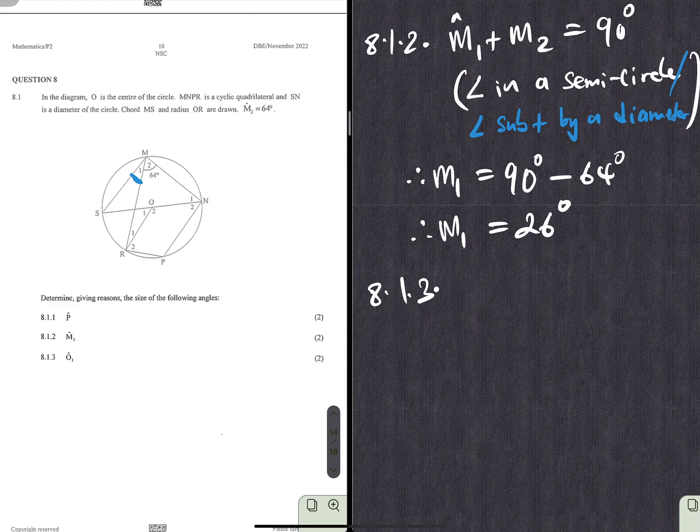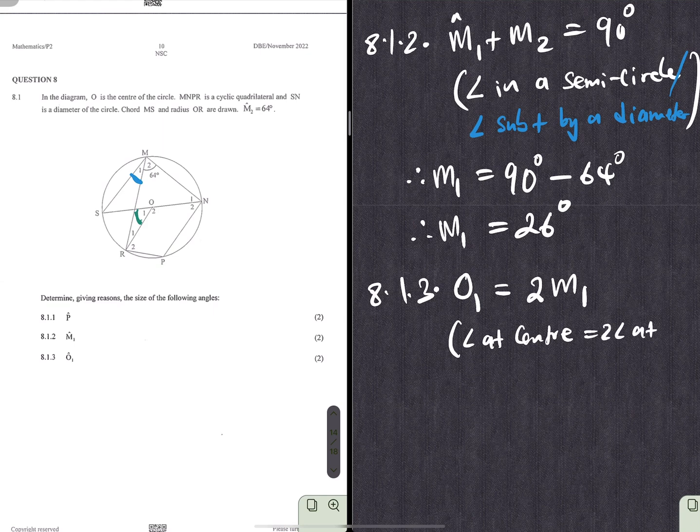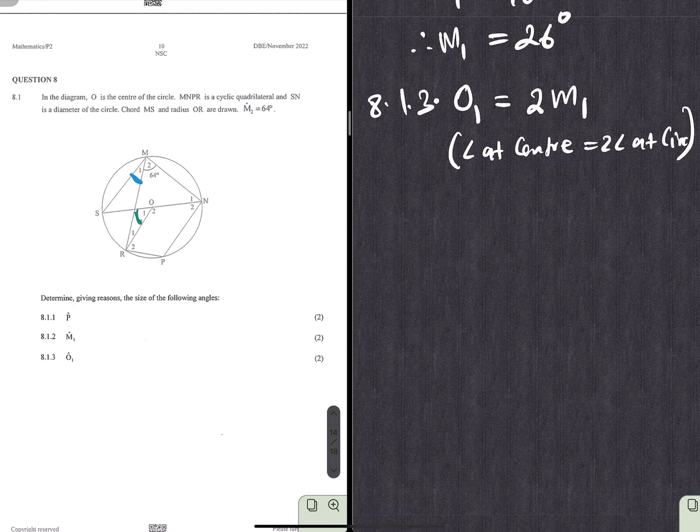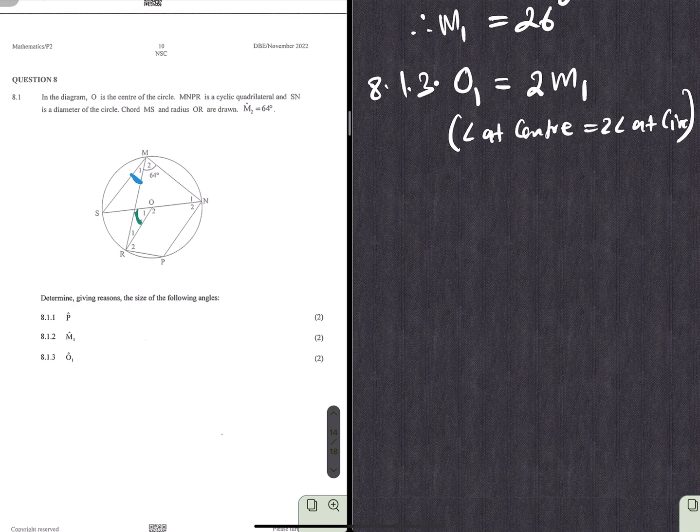So this angle right here, angle O1, is twice angle M1, because the angle at the center is twice the angle at the circumference.